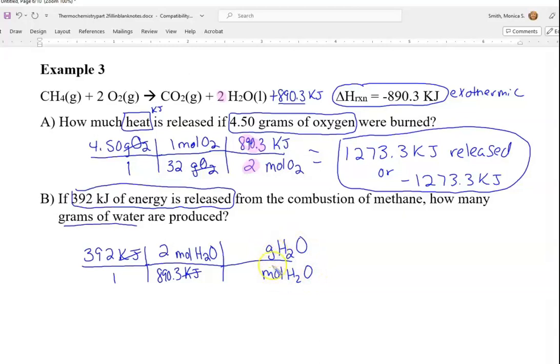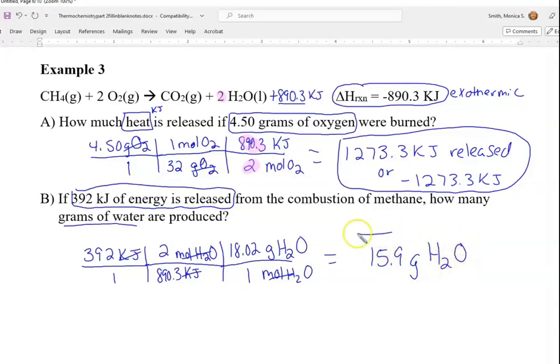Now, anytime mole and grams are together, mole gets a 1. This would be the molar mass of water, 16 plus 2.02, so 18.02. We'll cancel, multiply, divide, and we get 15.9 grams of water.